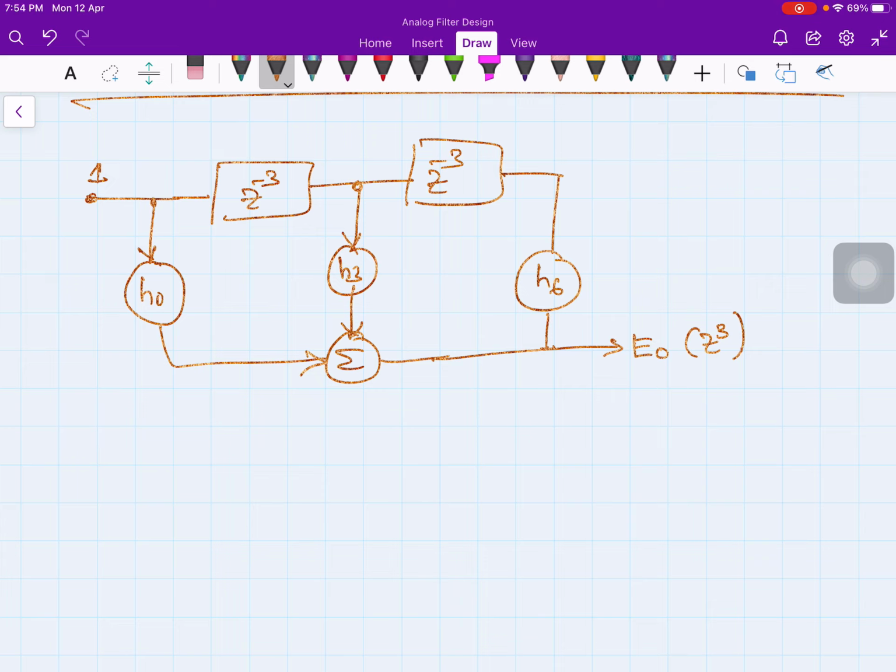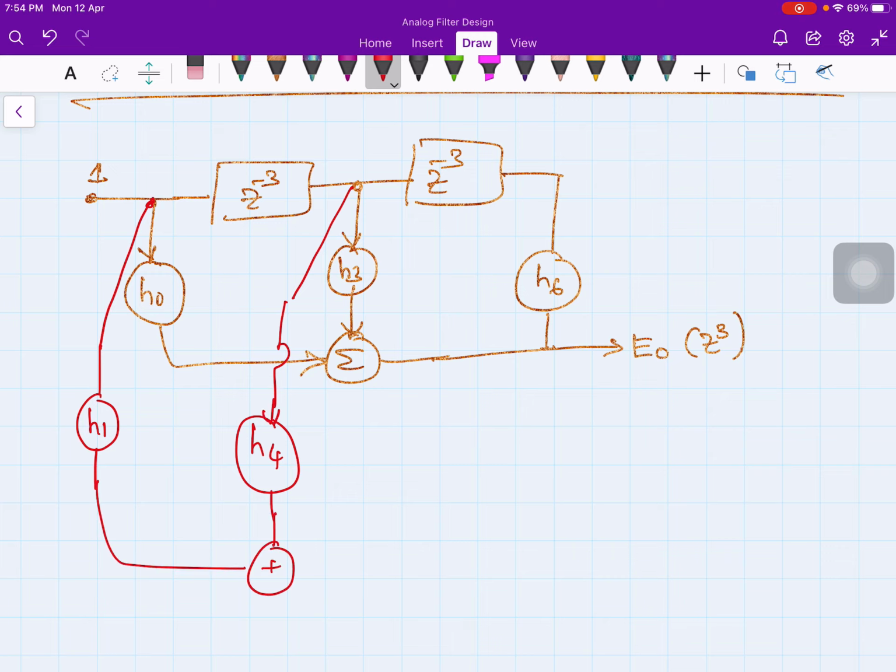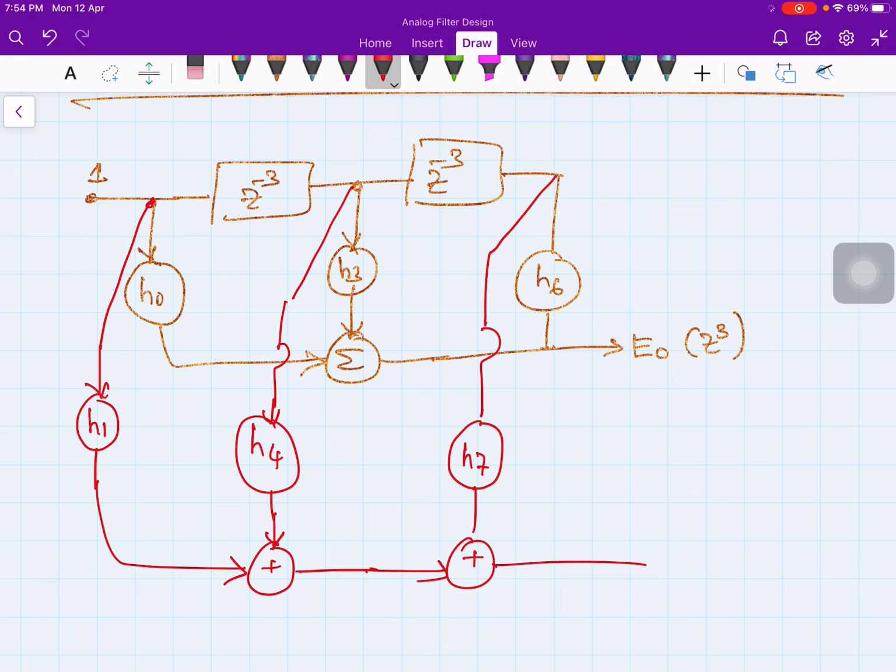So let me use a different color. h1, and then this point, this is h4 multiplied by z^-3, both you add here, and here this one is h7, and this is E1(z^3).